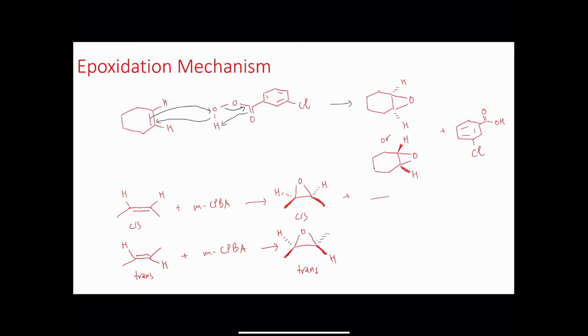We also form the enantiomer as well, because again the double bond is a flat structure, so the reaction can either happen at the top or at the bottom of the double bond, and we're gonna end up with a mixture of two products, a mixture of two enantiomers.